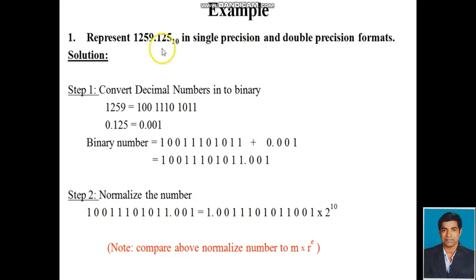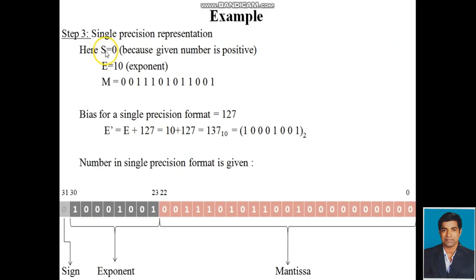After normalizing it into the sign bit, the significant bits, and the scaling factor with exponent, that is mantissa times the base value, the scaling factor, to the power of the exponent value, we get the single precision representation.